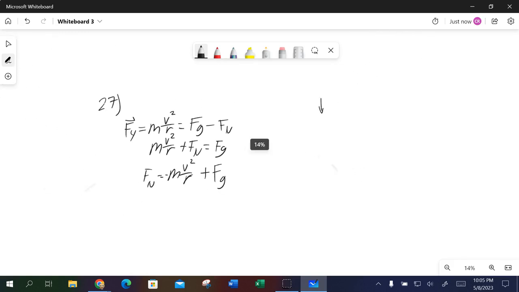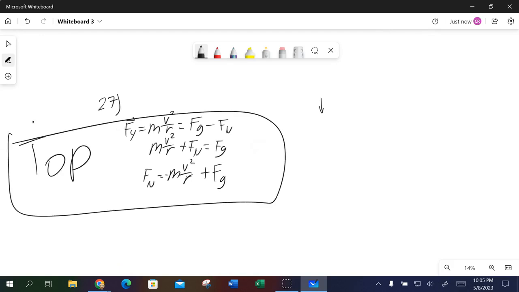You have to expand out a little. So this is when it's at the top. Now when it's at the bottom, we're going to label that the positive direction is going to be up now, because we can do that.